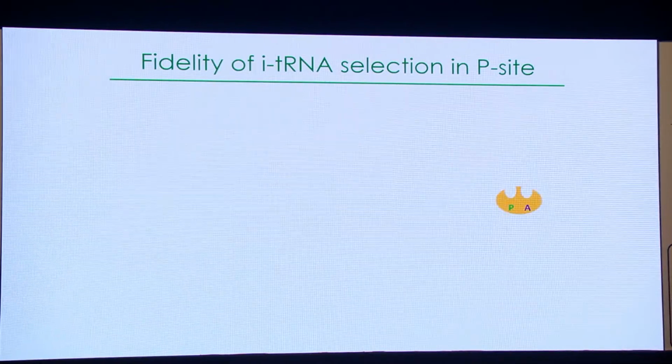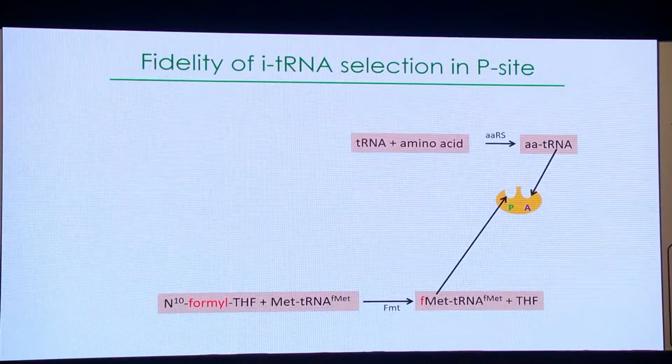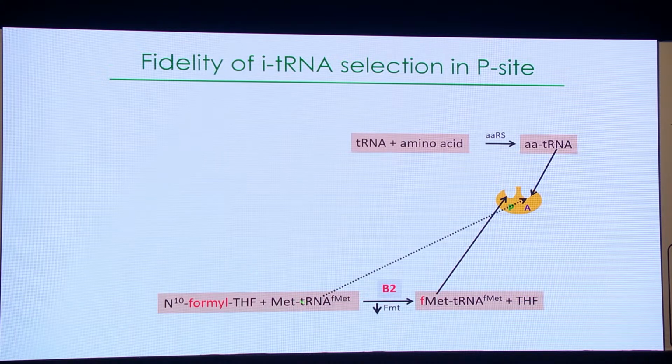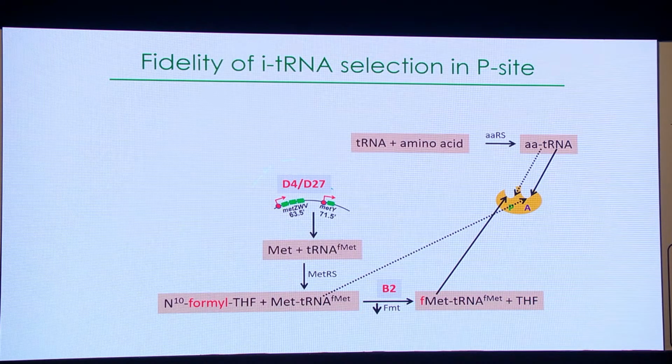So now if you look at the fidelity aspects of the tRNA, essentially what we have in a regular system is that the formylated tRNA will bind to the P site, aminoacylated tRNA will bind to the A site. But what you're noticing is that the methionine tRNA can bind to the A site as well. And if you delete the tRNA or you deplete the amount of initiator tRNA, the regular elongator tRNAs can also bind to the P site.